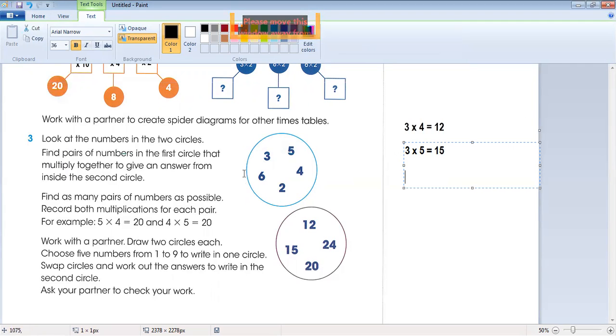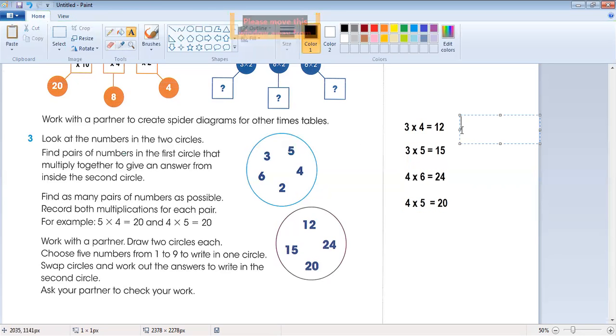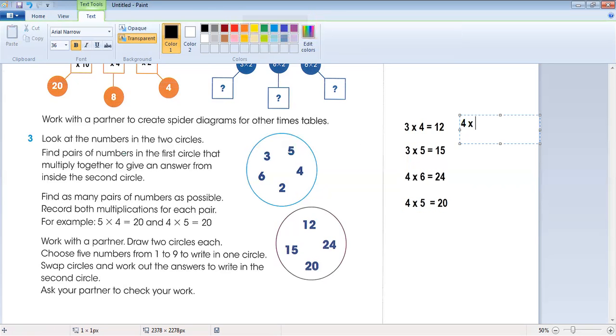And next, 4 sixes are 24, and 4 fives equals 20. So these are pairs of numbers also. Now we can also do it like this: 4 multiply 3, because 3 multiplied by 4 equals 12, and 4 multiply 3 equals 12.